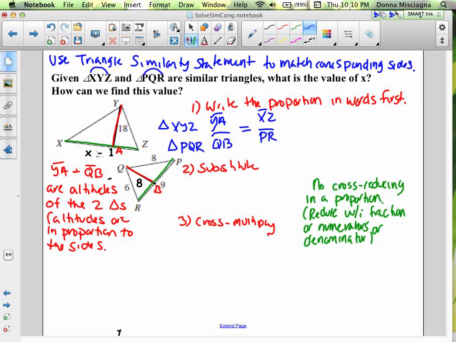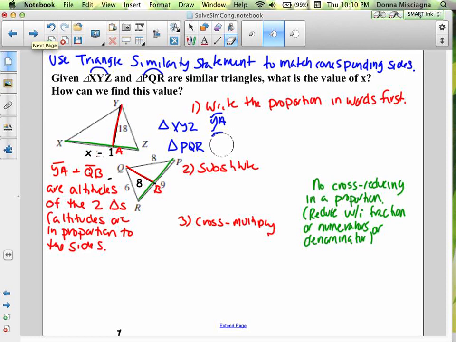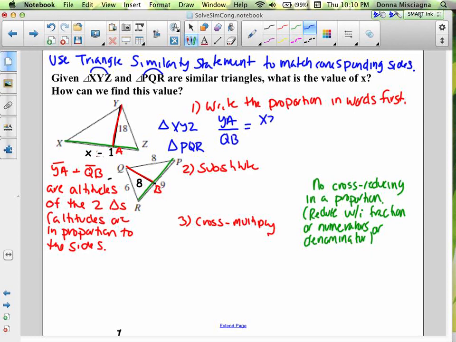Always a good idea to write your proportion in words first. Then we can substitute. I'm going to leave off the segment symbols because we're really talking about measurements anyhow. So YA and QB, and that corresponds with XZ and PR.